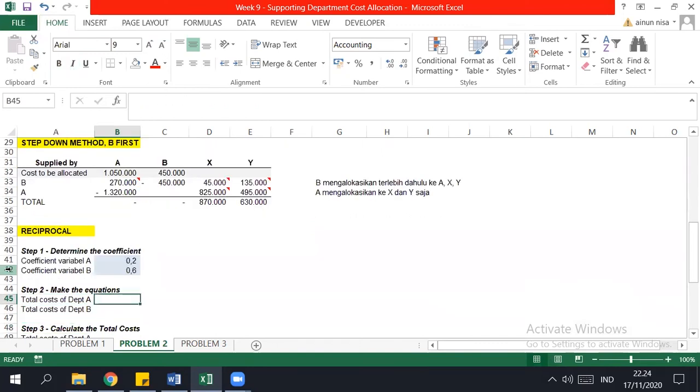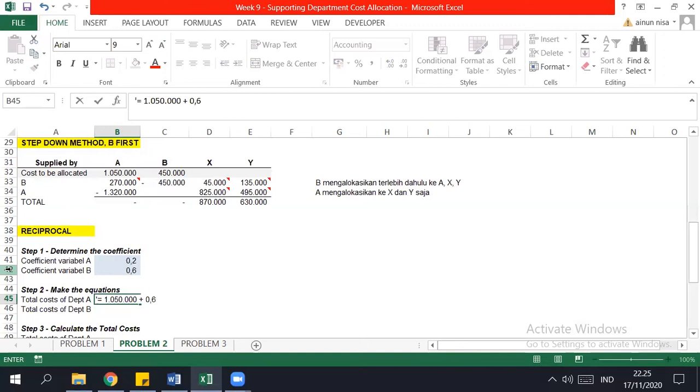The first equation is total cost of department A. The equation is the original cost of department A, which is 1,050,000, plus the coefficient that we just calculated before, or 0.6b.